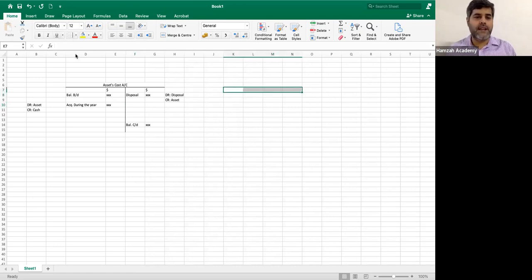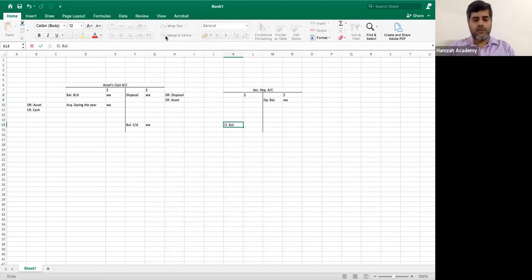Then the second account is going to be the accumulated depreciation account. This is going to be the opening balance. Then we have the closing balance. Then we have the depreciation charge for the year.